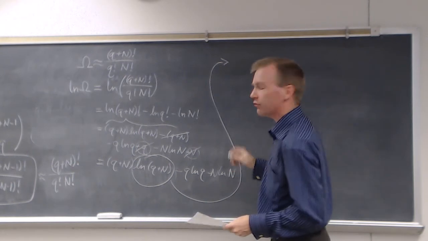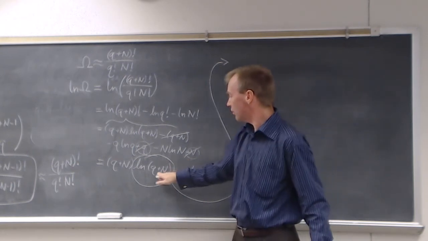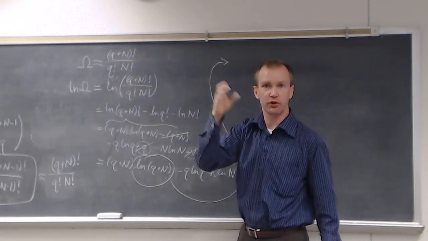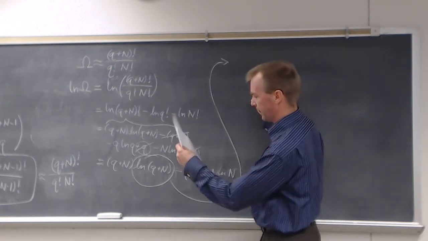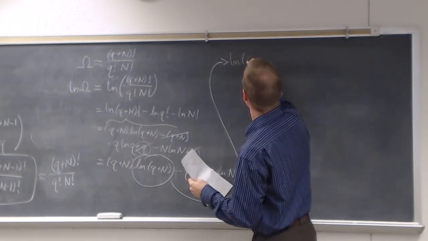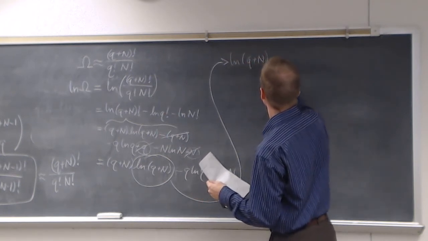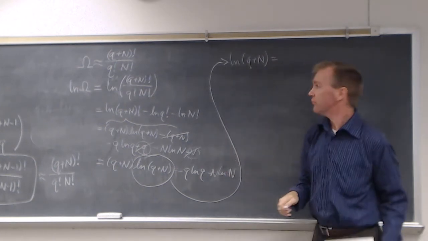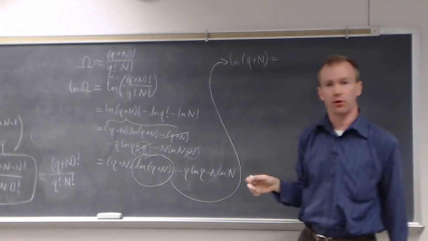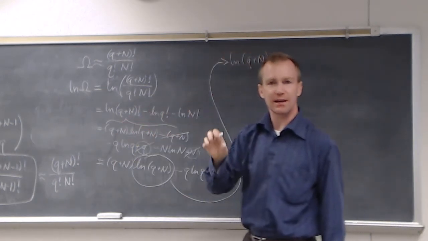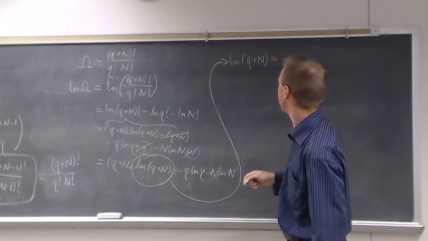Okay. So what I want to do is to get this into a form where I have something like log of 1 plus x, where x is much less than 1. So how can I do that? All right. Because q and n are both large, and I've already said that q is much greater than n, this is called our high temperature limit.